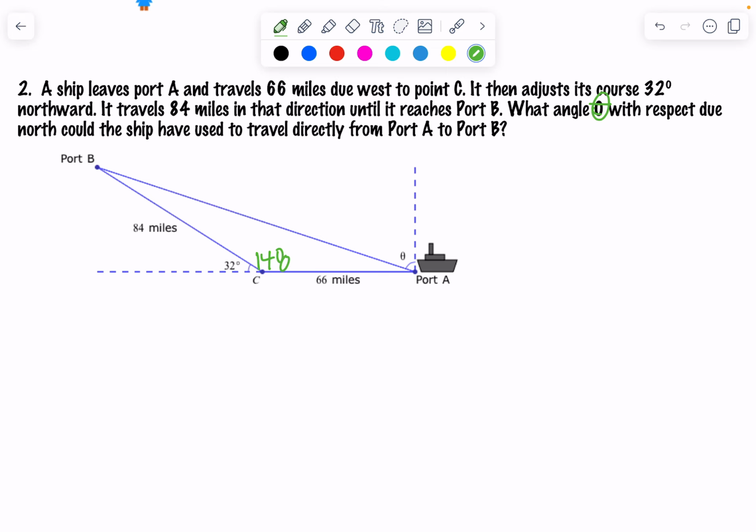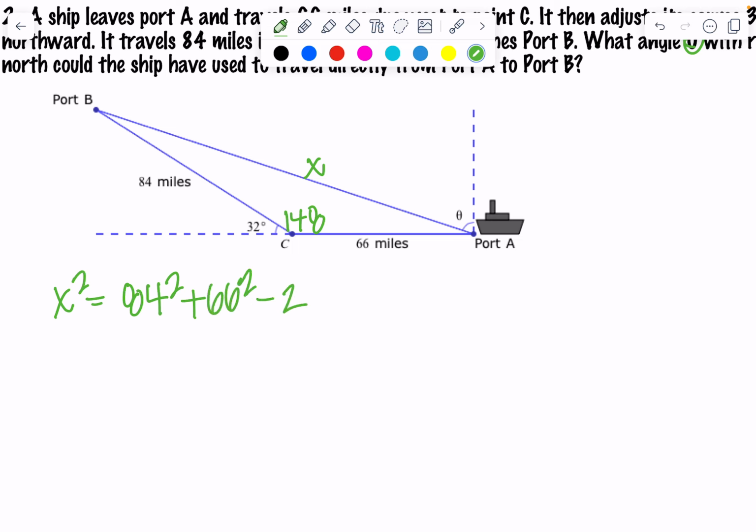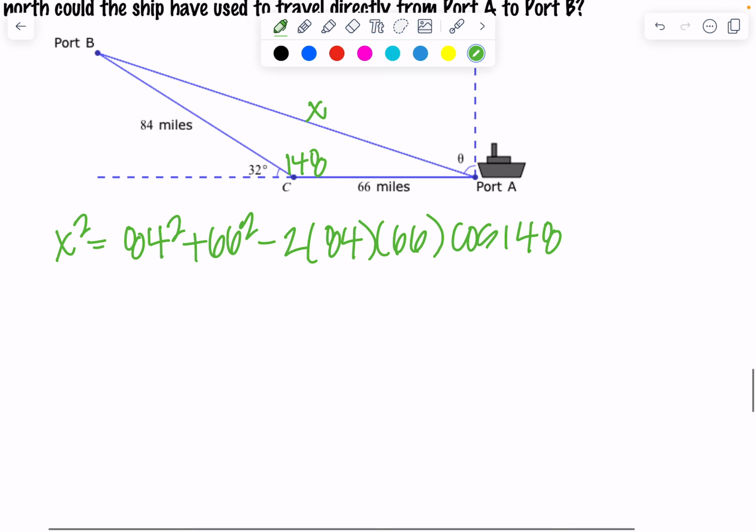So we will call this x. Now set up your cosines. X squared equals 84 squared plus 66 squared minus 2. Repeat those two. Okay, and then we do the math here.